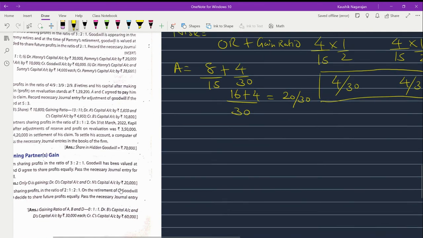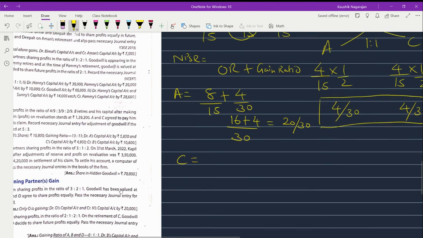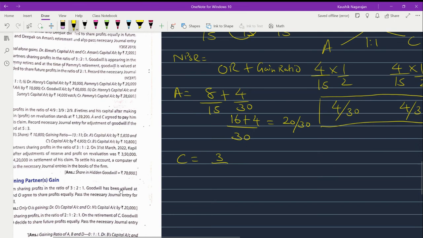This is for A. Now similarly, calculate for the partner C. So what is the value of C? The old value was 3 by 15 plus the new one was 4 by 30, and adding the LCM. So LCM will be as 30. 15 twos are 30, 3 twos are 6, plus 30 ones are 30, and 4 ones are 4. So this gives me 10 by 30.